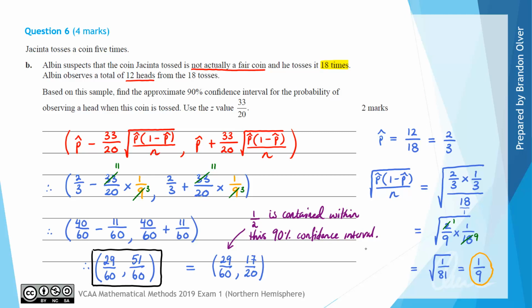So it's not quite enough to refute the claim that it's not a fair coin, as the proportion of a half does exist within that 90% confidence interval. Again, that wasn't required for the question, but it's just something interesting to note based on how that question was worded.